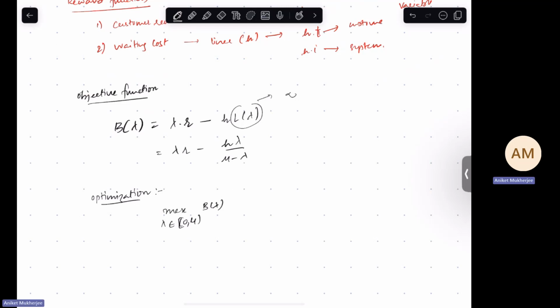Now you can't choose lambda which is negative because you can't have a negative arrival rate of customers. That means someone is going out of the server without even coming in, so it doesn't make sense physically. So you have one more constraint than the previous problem. In the previous optimization problem, we had mu greater than lambda, one constraint. Now we have two constraints. So you have max b of lambda, lambda greater than or equal to 0 and lambda less than mu.